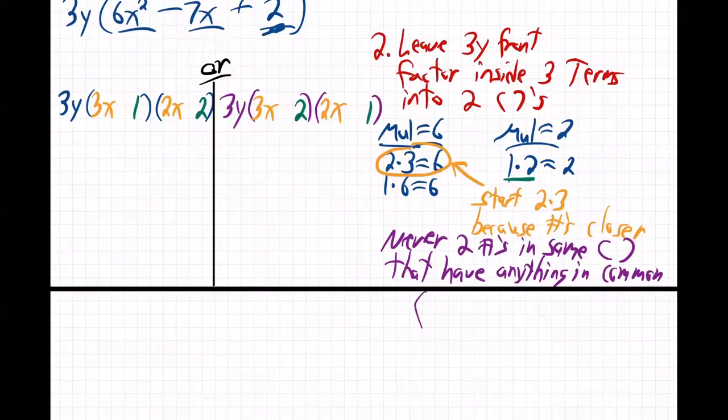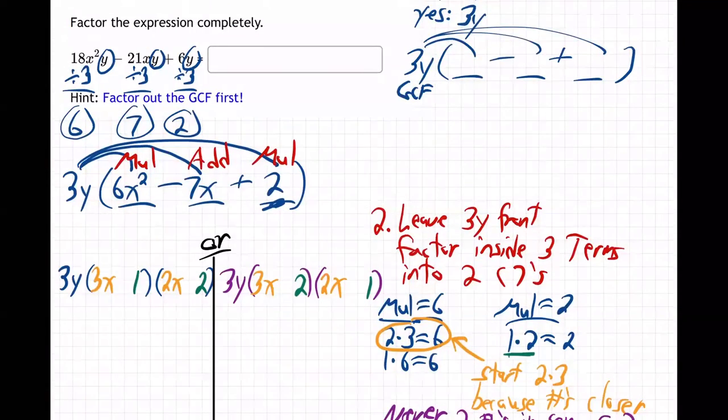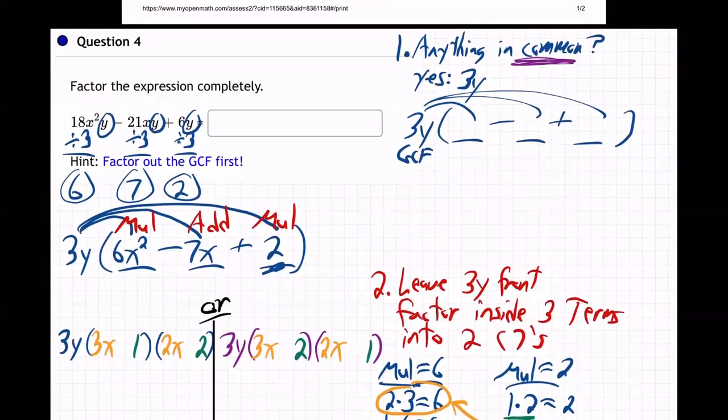For example, you're never going to have 2x and 4. You're never going to have 3x and 6 because these are both divisible by 2. These are both divisible by 3. No, you're never going to have that. Why not? Because we got all the commonness out on the first step, right? That was the first step. So the final answer cannot have anything in common in the parentheses.